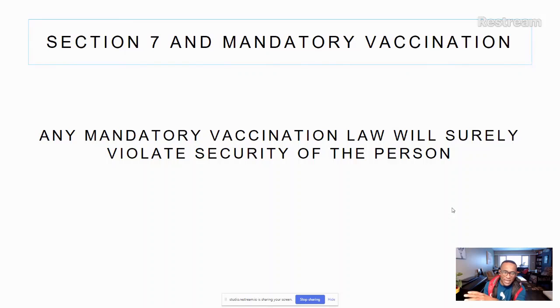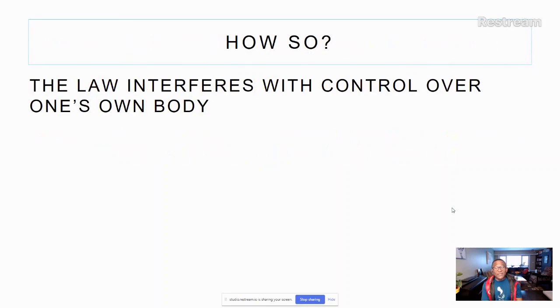I think in any lawsuit in which this section is invoked, the government will just concede that yes, we're going to make you inject something into your body. The law in its effect is going to make you do that. So it's a violation of your Section 7 right to personal security. It is because the law interferes with control over your body.